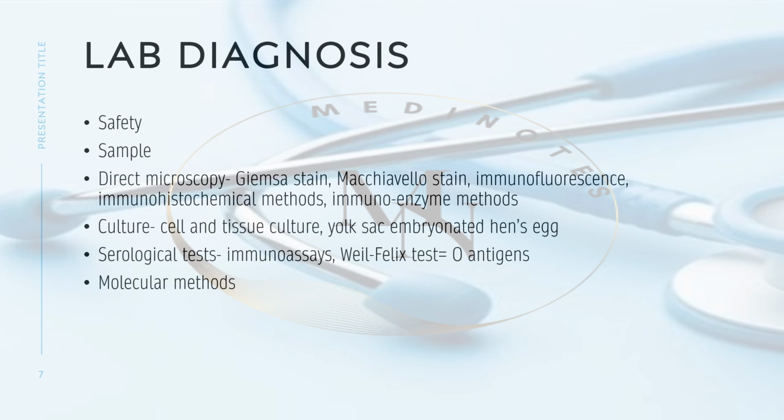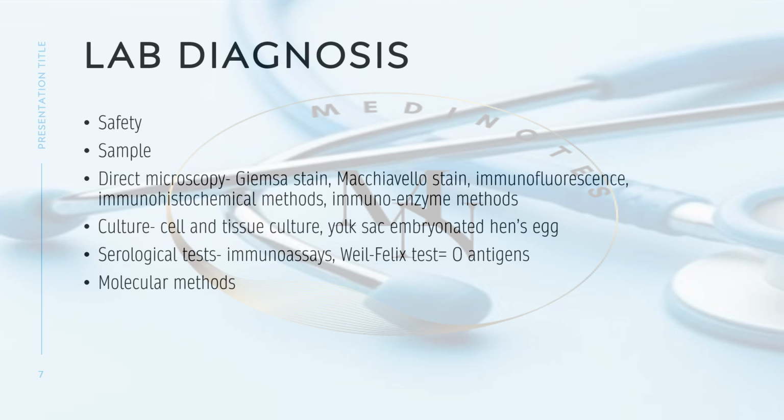When we go for the culture, we have the cell and tissue culture, that is, we have to do the isolation in containment laboratories, which I said are biosafety 3 laboratory cabinets, and then it grows well in 3 to 5 days. It is done basically in Vero cell or MRC-5 cell coverslip cultures, and we can also do it in the yolk sac of embryonated hen's egg.